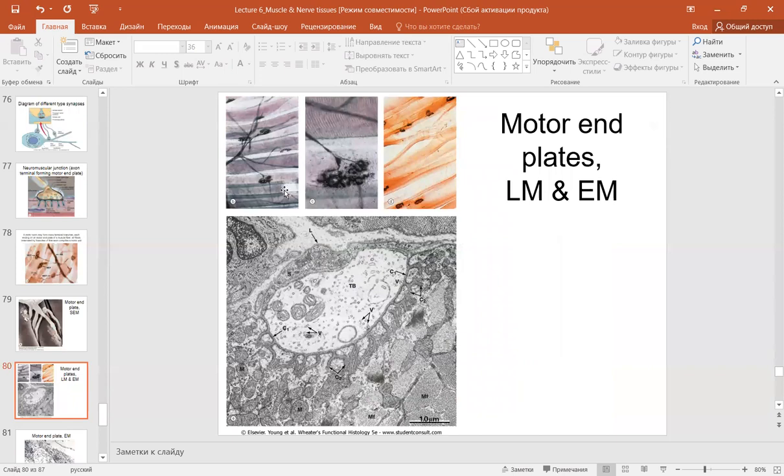Here is a light micrographic representation of motor end plates and an electron micrographic representation of the same, showing you the presynaptic knob, synaptic vesicles, synaptic space, postsynaptic membrane with receptors for neurotransmitters. One direction, from the presynaptic to the postsynaptic membrane, of information of the signal is realized in synapses.